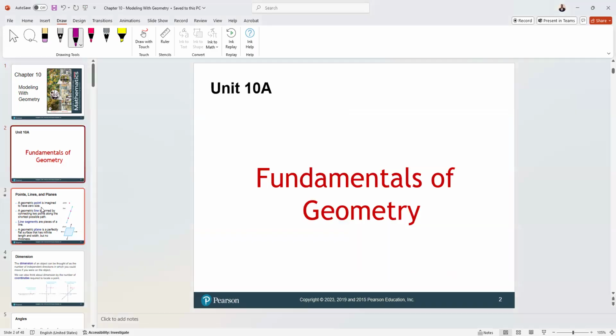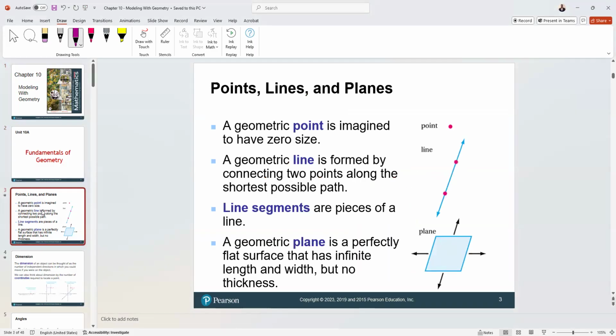So we would see spatially geometric objects such as points, lines, and planes that represent idealizations that do not exist in the real world. A geometric point is imagined to have zero size, right?